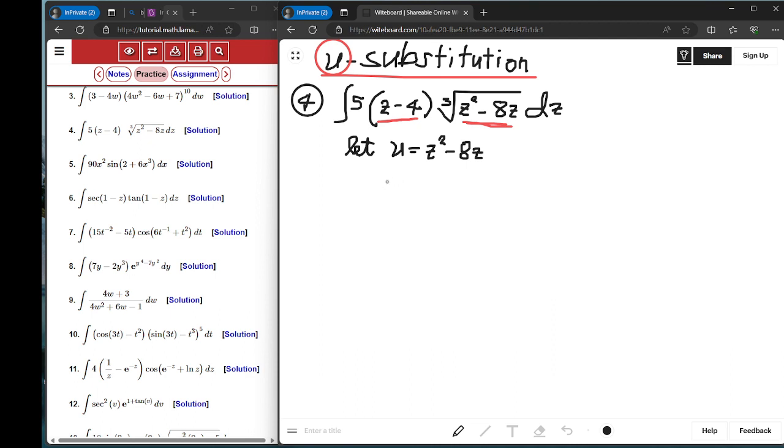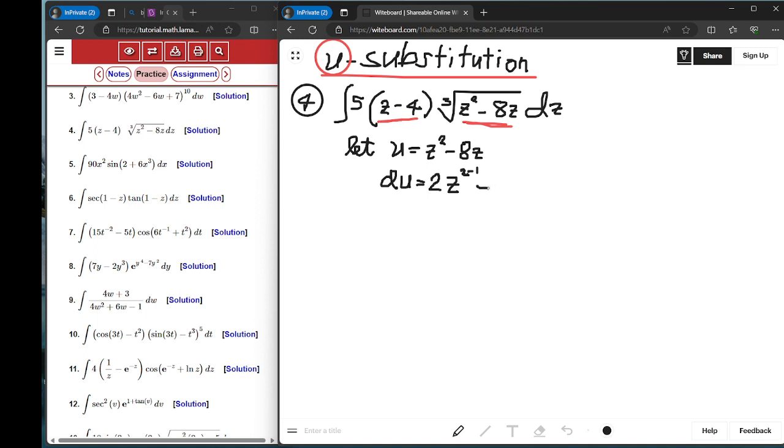Then we're going to get the derivative of u, so that would become du. When we want to get the derivative of a variable which has an exponent, we just copy the exponent to become the constant coefficient, then the exponent will be deducted by 1. So that will be 2 times z to the 2 minus 1.